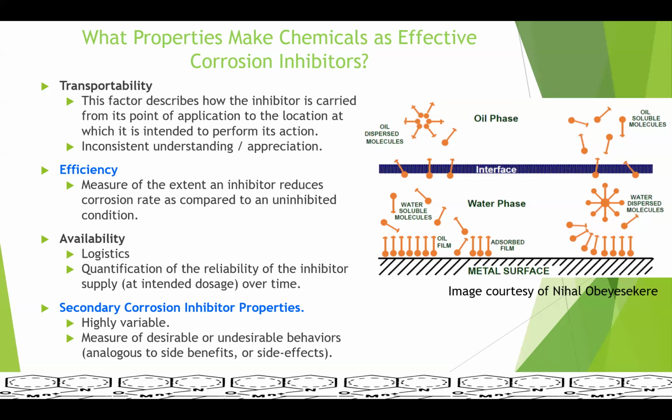NACE has put out a standard, 31215. It talks about 18 different secondary corrosion inhibitor properties that can affect the inhibitor performance. So the secondary inhibitor properties are highly variable, and this property is a measure of whether the inhibitor will have a desirable or undesirable effect.